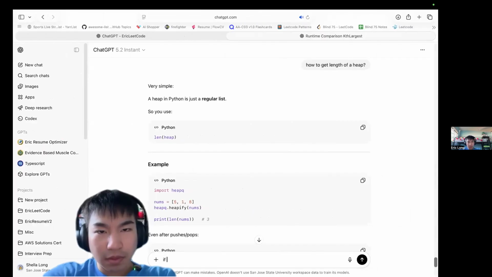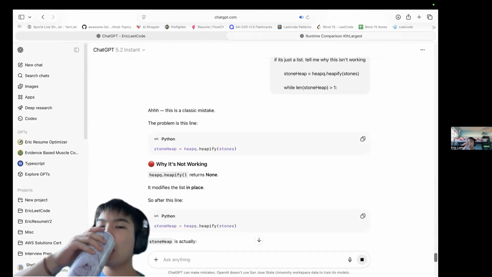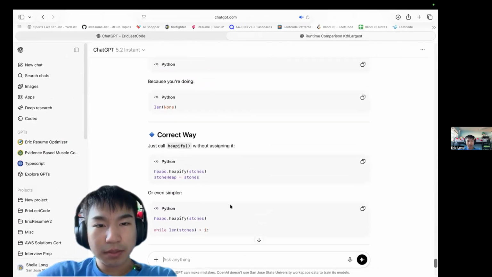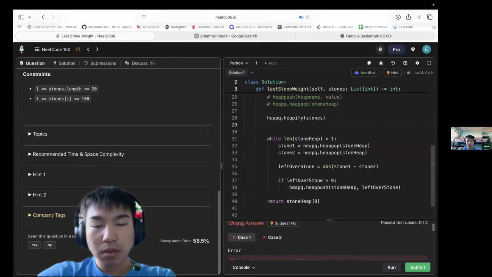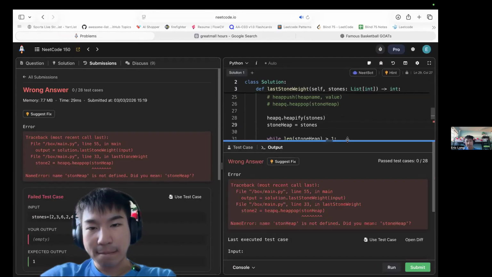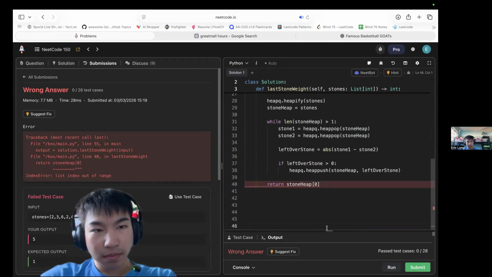Tell me why this doesn't work then, bro. Stone heap. Index 0 is out of range.